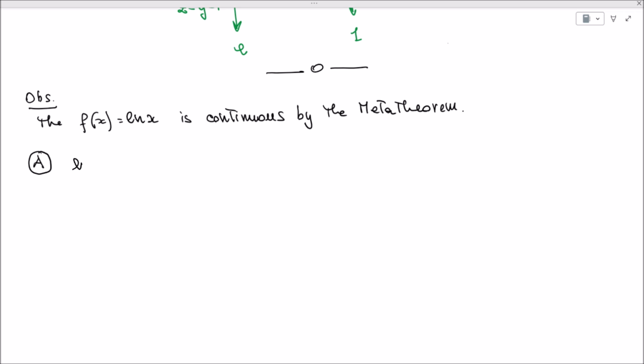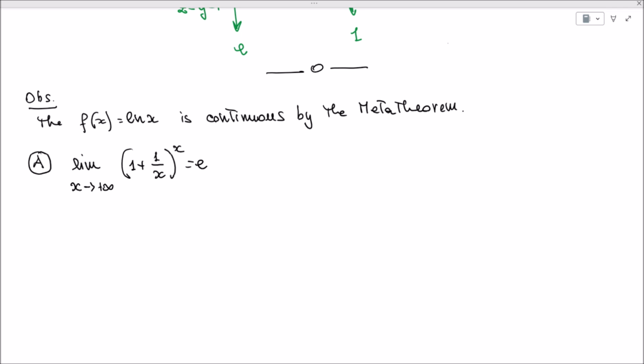observe that one of the limits that we have proved is namely the fact that limit as x goes to plus infinity of 1 plus 1 over x, all raised to the x, is equal to e.